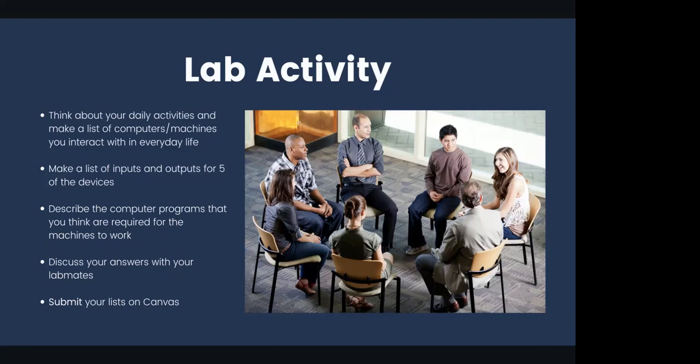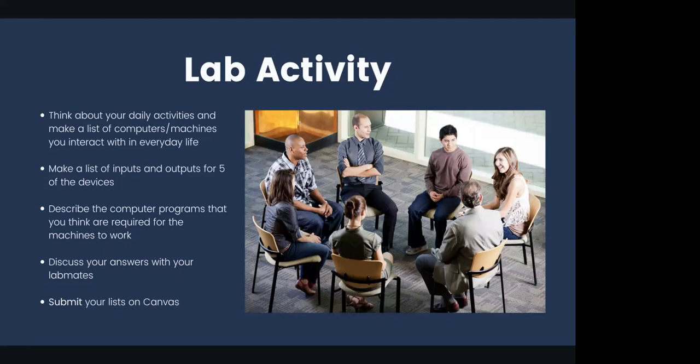Yeah, so it would be preferable if you actually think about everyday machines, like, as you said, washing machine and dryer and dishwasher and things like that, because I don't think on a daily basis that I'm interacting with the computer.